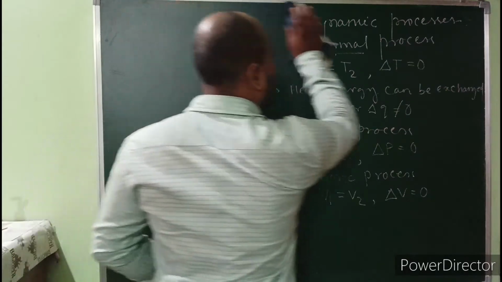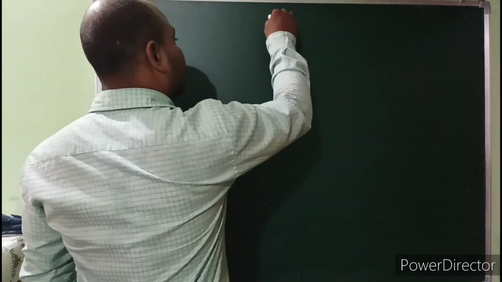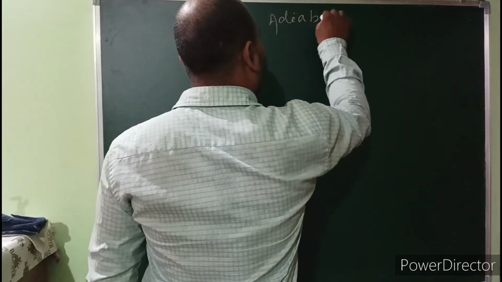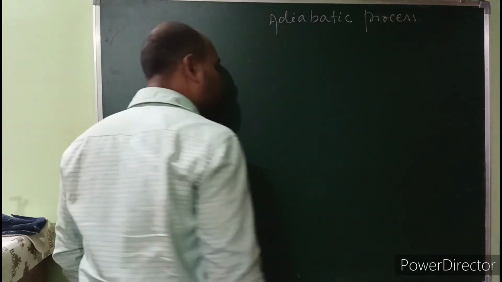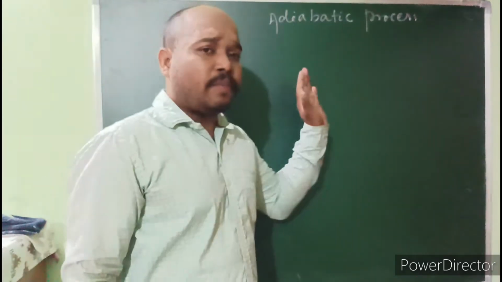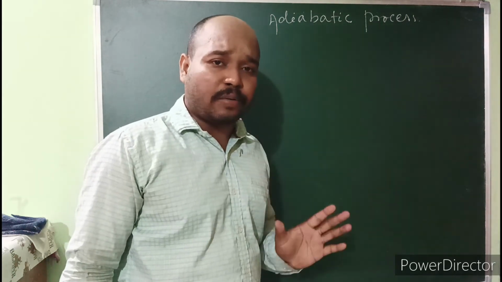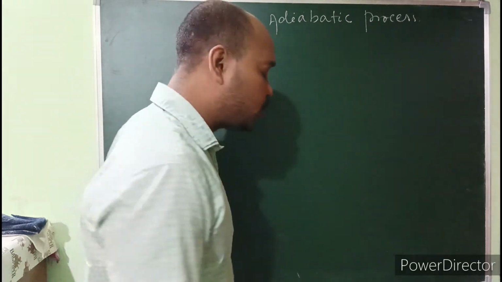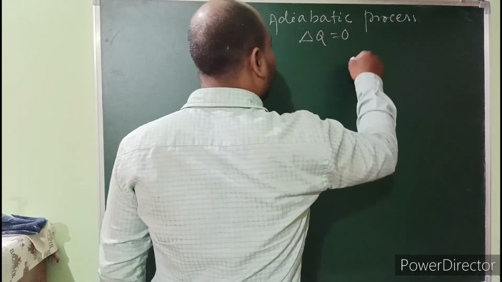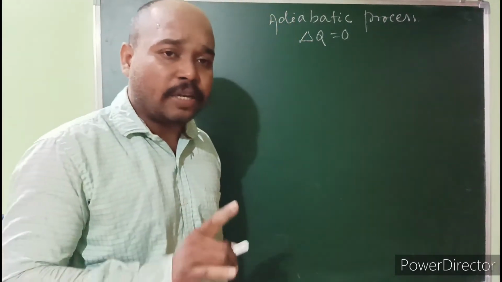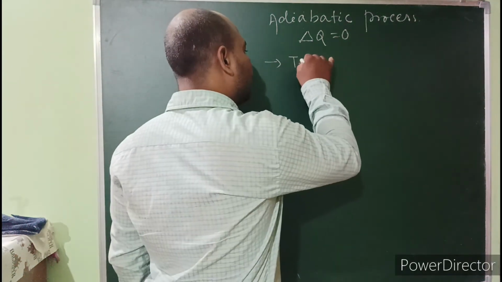Now we will discuss the adiabatic process. Adiabatic process: a system in which heat energy cannot be exchanged between system and surroundings is called an adiabatic process. In this case we will write del Q is equal to 0. There is no exchange of heat in the system, but the temperature can be changed.